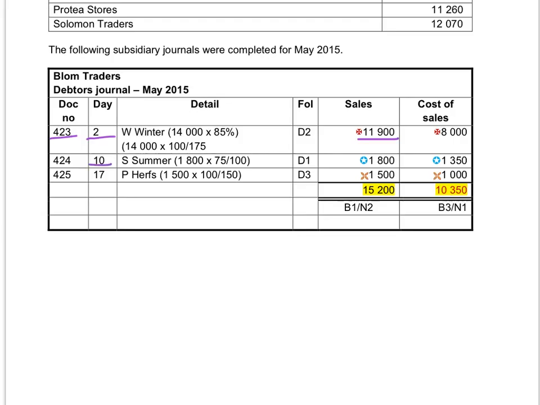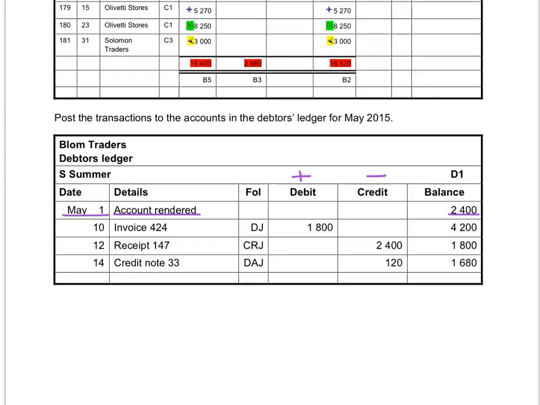On the 10th, we issued invoice number 424 to Summer for $1,800. We will indicate in his personal account that the entry was completed on the 10th. Invoice 424 was issued to him. This is transferred from the debtors journal and it increases his debt with $1,800.